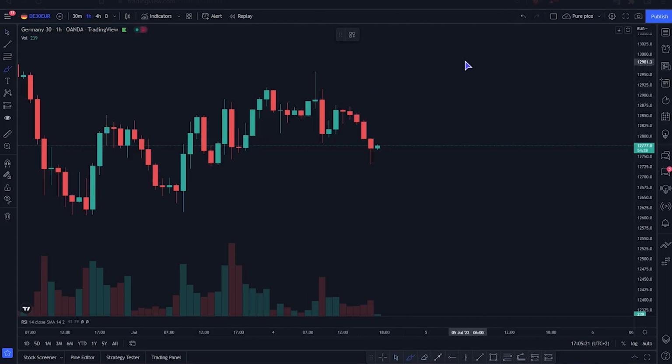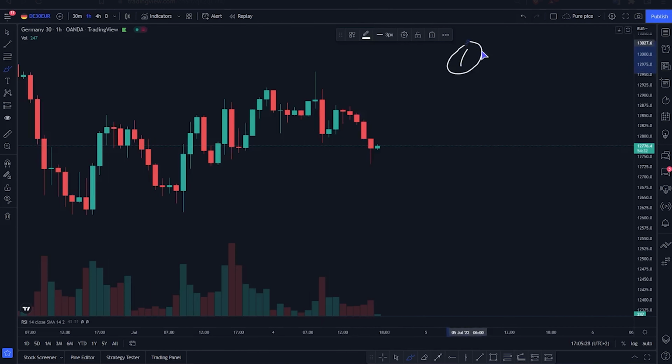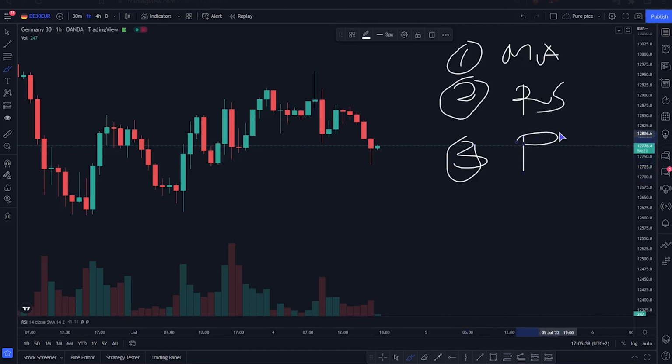Let's say a trader is waiting for some moving averages to cross, and then the other confirmation is waiting for some kind of RSI, and then maybe a third confirmation he's waiting for some kind of a pattern break on the lower time frame, and maybe a fourth confirmation he will be looking for a reversal candlestick pattern. So you see that it's multiple confirmations for an individual entry.